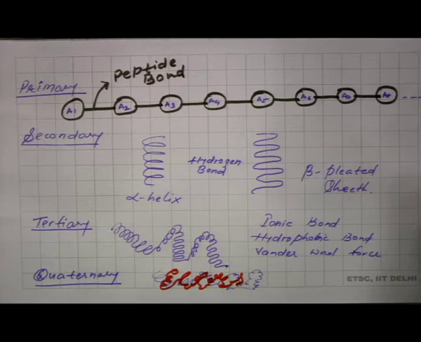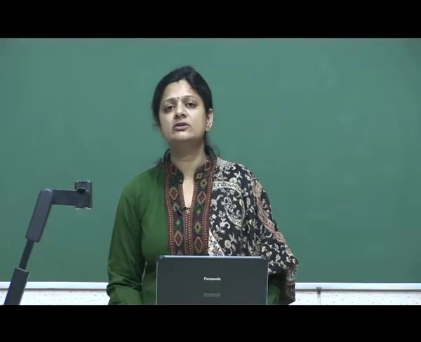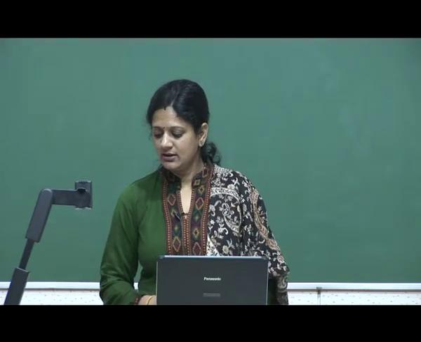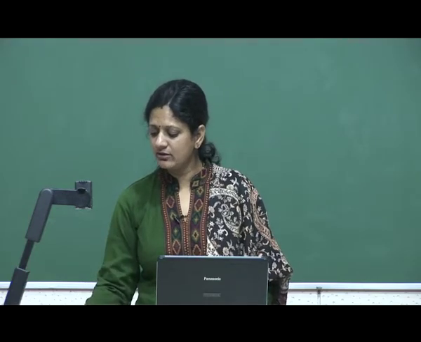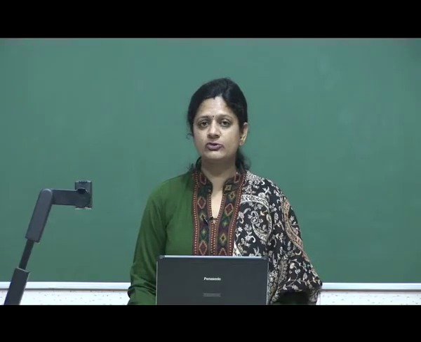So, quaternary structure is the combination of two or more than two polypeptide chains, and to stabilize the protein these bonds are involved over there: ionic bond, hydrophobic bond, van der Waals force, along with hydrogen and peptide bond. So, I hope the levels of structure must be clear to you.